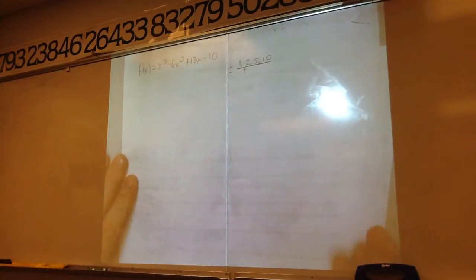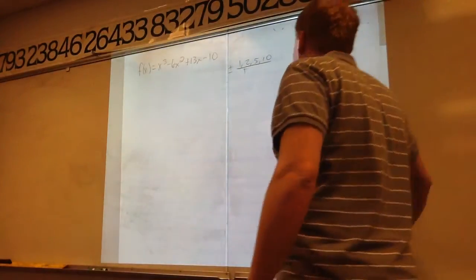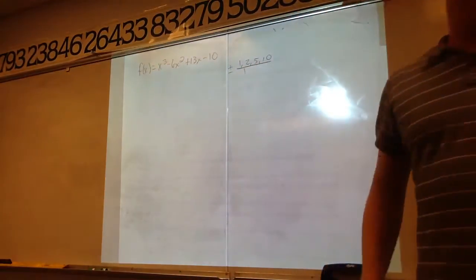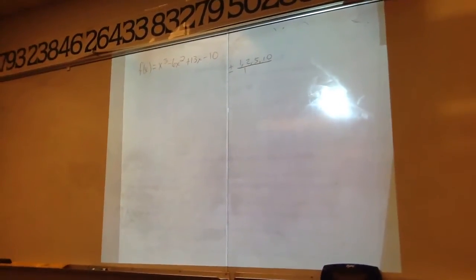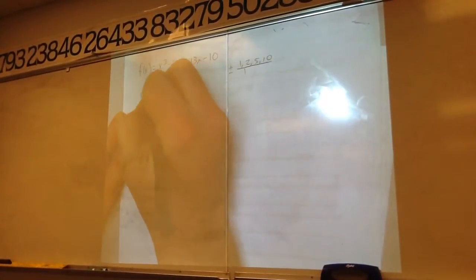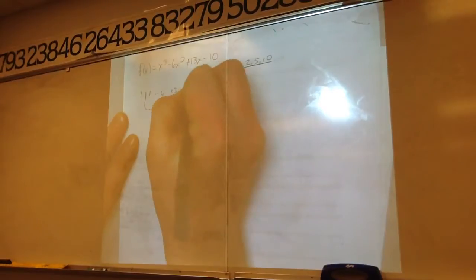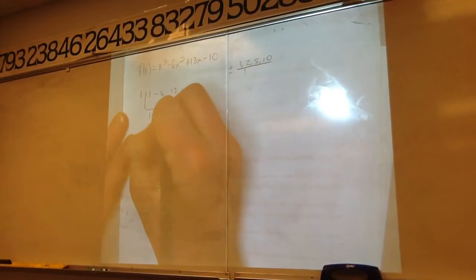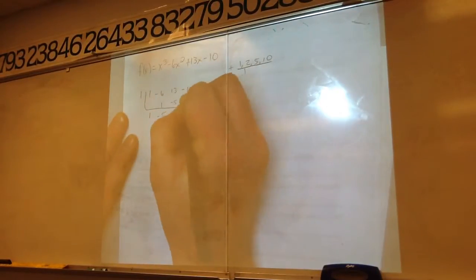So you can do this fast. You just gotta guess and go. Adjust on the fly. Let's try 1. 1, negative 6, 13, negative 10. 1, 1, negative 5, negative 5, 8. Nope.